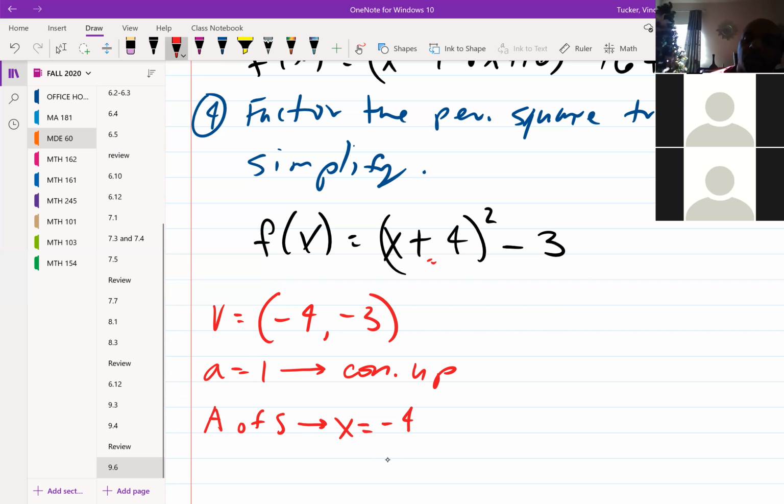All right. Questions on that before we do another one? And since it's concave up, that means that this is our minimum.